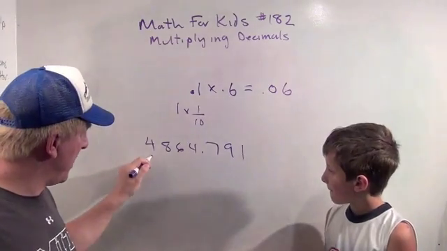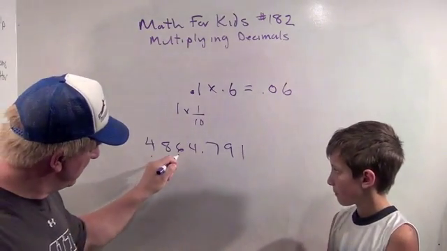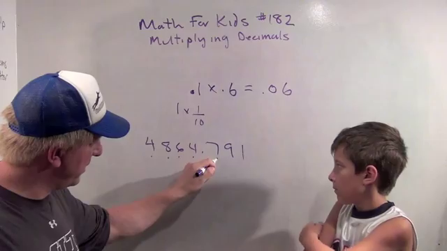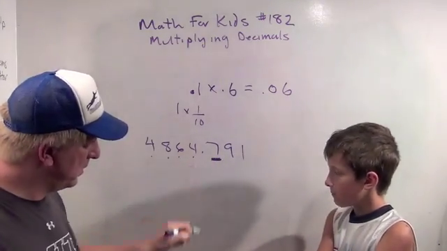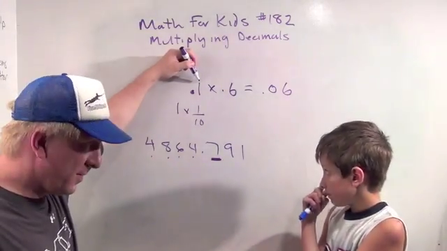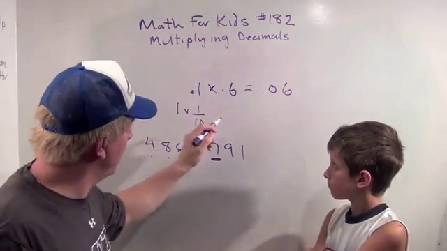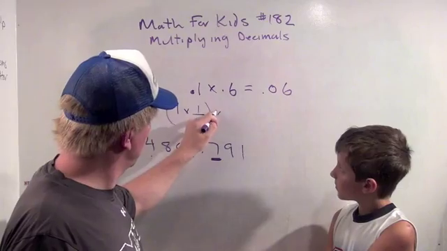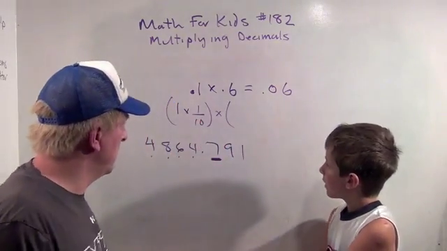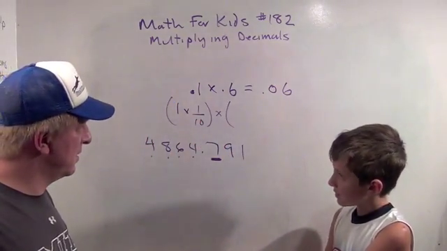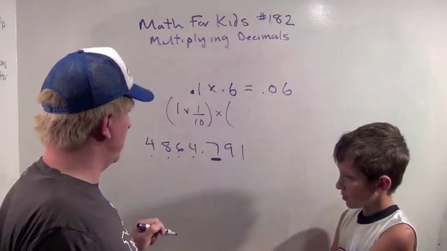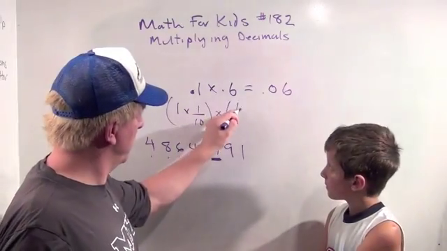This is the thousands, the hundreds, the tens, the ones, and the 1/10ths, right? So this is the 1/10th decimal place. So this is 1 times 1/10, and what is 0.6? 0.6 is 6/10, which is 6 times a 10th.